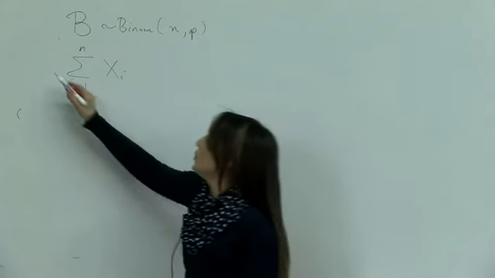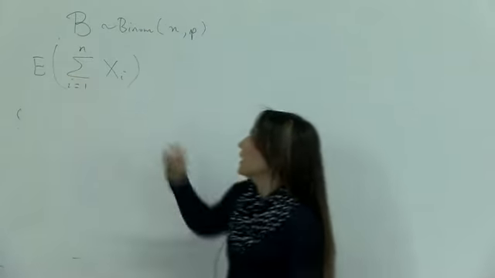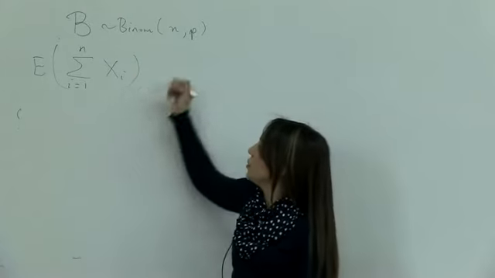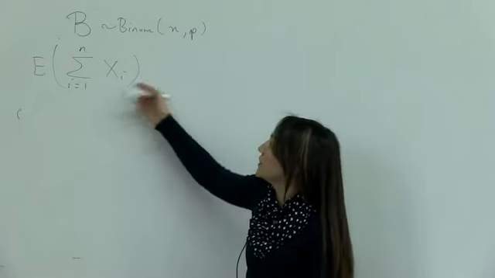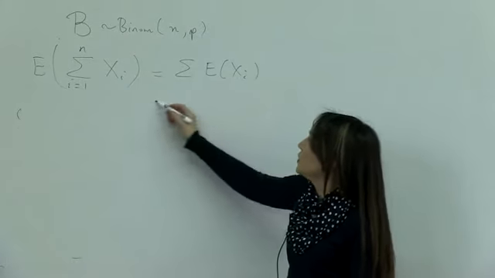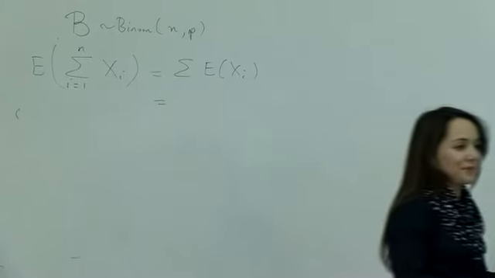Okay, and we were computing the expectation of this clearly using the linearity of expectation. The expectation of this sum is the sum of the expectations, which is what, Burak, do you remember?